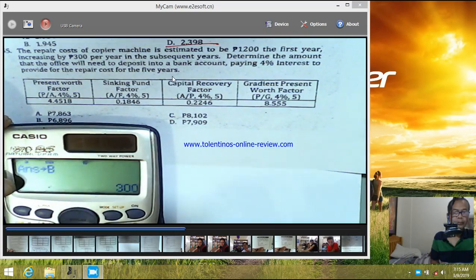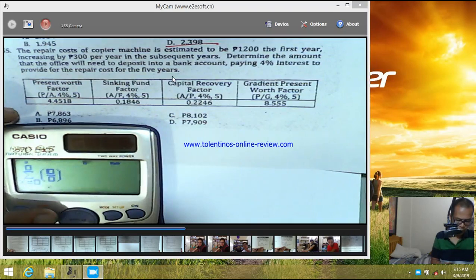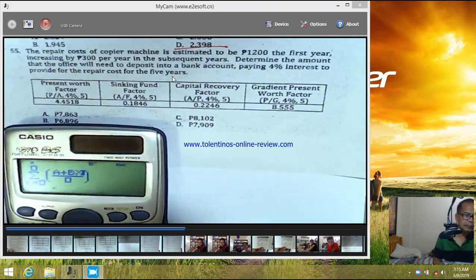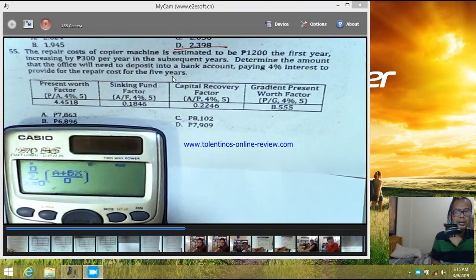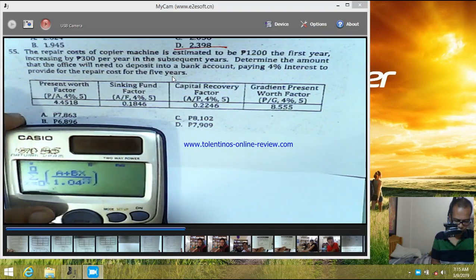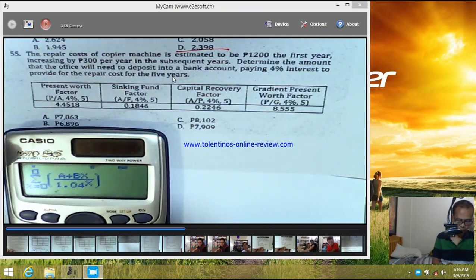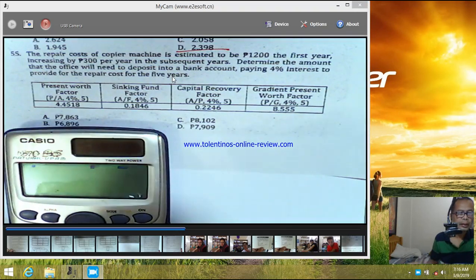Store that to B. And then mode 1, just take the summation of A plus alpha A plus alpha B alpha X, that's the model of the line, divided by, of course, this is present worth, so 1.04 raised to the X. The number of years is just from 1 to 5. And the answer is 7,900. This is closest there.